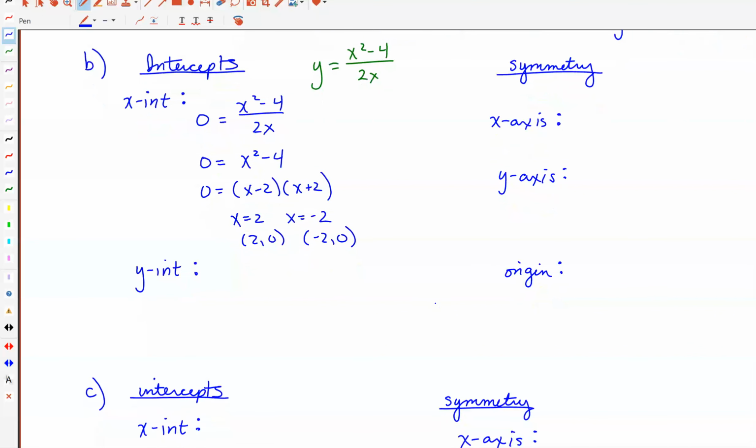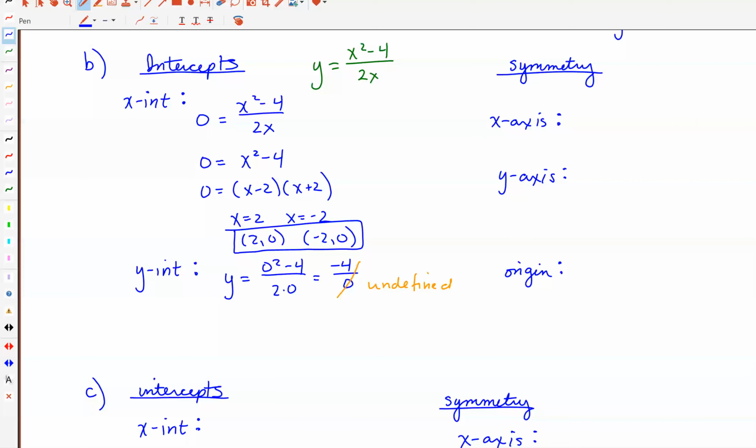To find the y-intercept, we are going to let x be 0. So I get y is equal to 0 squared minus 4 over 2 times 0. Now upstairs I get negative 4, but downstairs I get 0. That's a problem because you can't have 0 in the denominator of a fraction. That's undefined. So this problem will not have any y-intercepts. It will only have these x-intercepts.